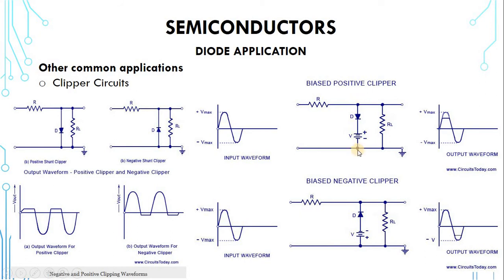At that point, the load does not see anything. Any voltage above 3.7 will go through this branch, and current will not go through the load. By introducing the bias voltage here, you raise the operating voltage of the diode to a greater one.